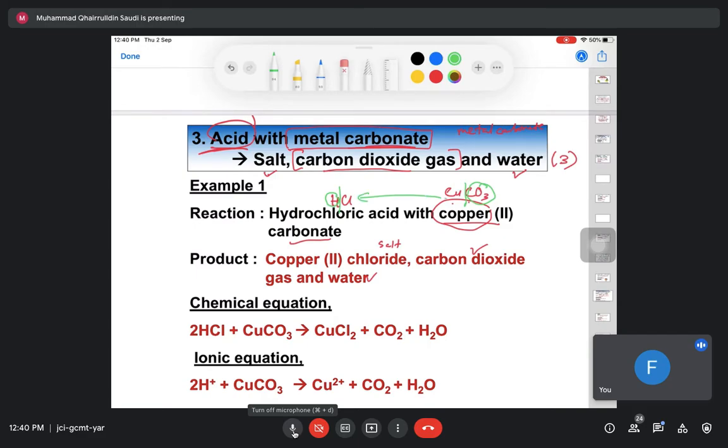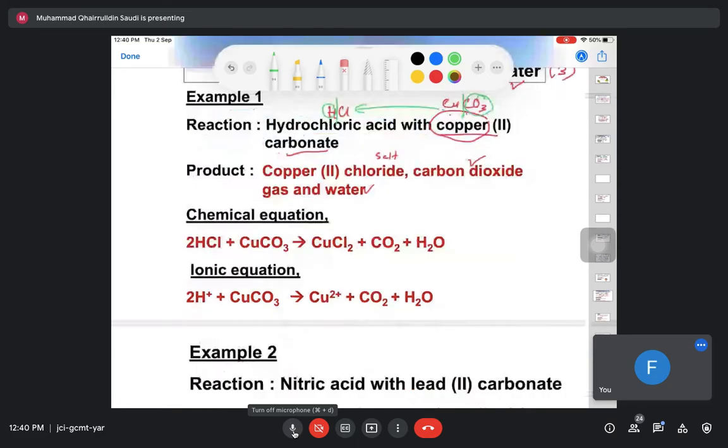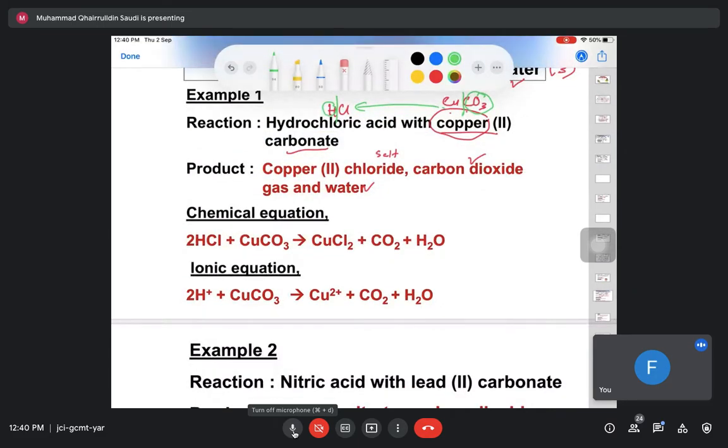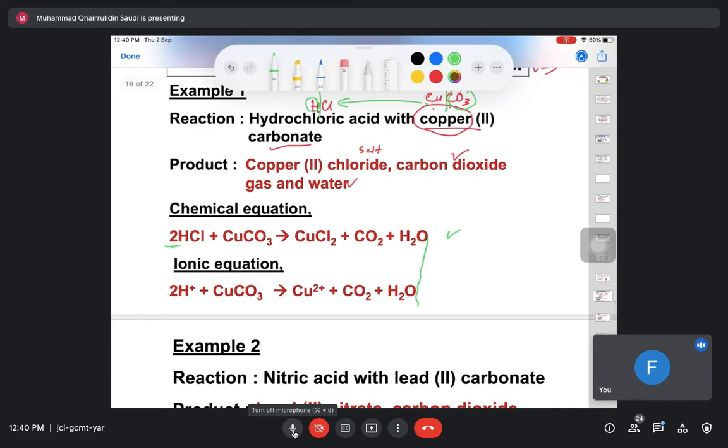So the salt will be copper chloride. Okay, so the products will be copper chloride salt, carbon dioxide and water. And then you write down the chemical equation. Sama juga, exactly the same macam tadi. Okay, and then dapatlah chemical equation and balancekan dia. Example number 2, nitric acid with lead carbonate.